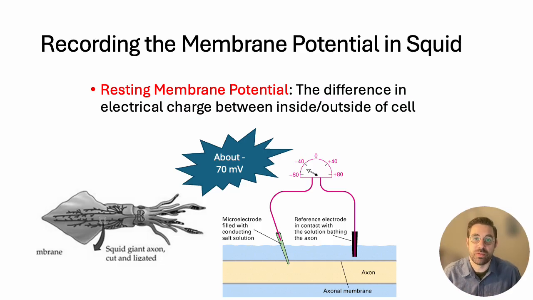The resting membrane potential is critical to getting any action or any communication from your neurons at all. And we discovered this, well, Hodgkin and Huxley specifically discovered this by working with squid. They worked with squid giant axons. Not giant squid, giant axons in regular squid.